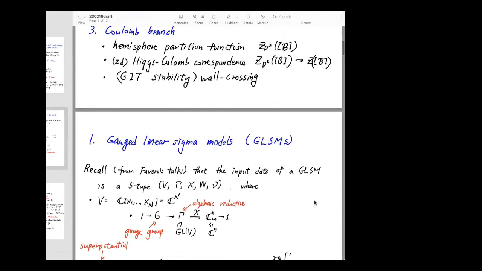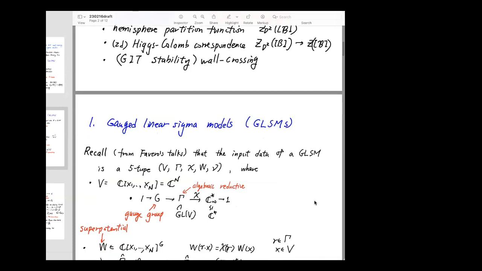So here is the setup. Recall from David's talk that the input data of a gauge linear sigma model is a 5-tuple (V, Γ, χ, W, ν), where V is a complex vector space of certain dimension. Γ acts linearly on V, and χ is a character of Γ. So we call the target C*_ω and the kernel G the gauge group.